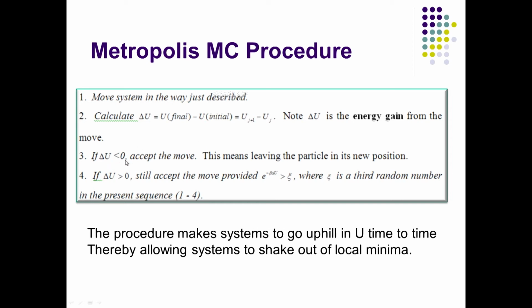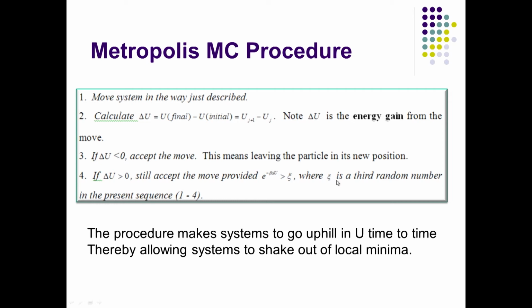So, if the energy gain is less than 0, then accept the move. This means leaving the particle in its new position. So, what it is saying is that if the energy change is less than 0, then you are essentially leaving the particle where it is, and if delta u is greater than 0, then still accept the move, provided e to the minus beta delta u is greater than the random number generator value.